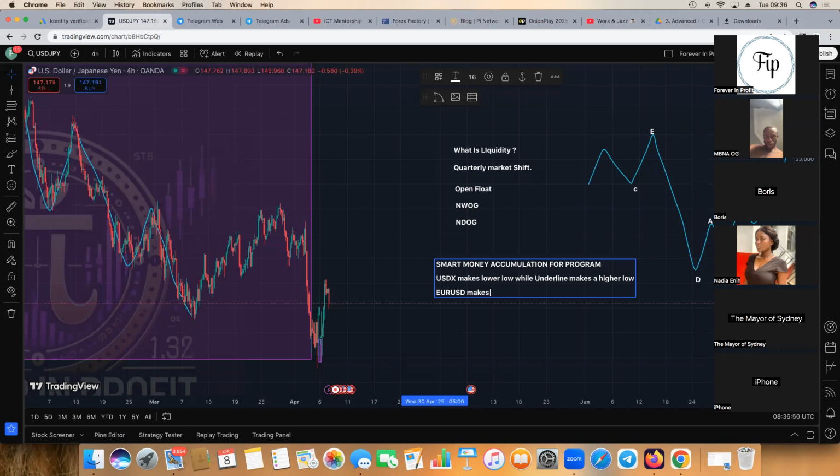The underlying makes a lower low, while the benchmark, the dollar index, makes a lower high.